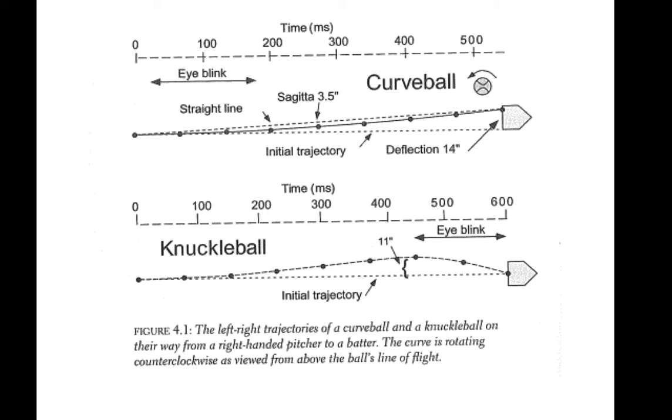What I want to point out here is that the curveball follows the laws of physics, that the curveball is going to define a parabola, and this parabola is going to be followed because of Newton's first law. So you have an object in motion, it's going to continue in that motion until some other external force acts upon it.